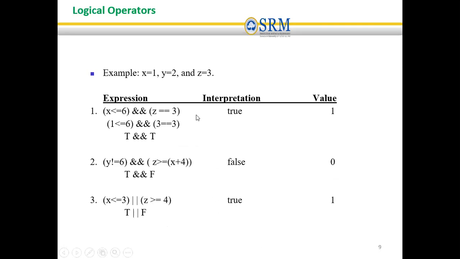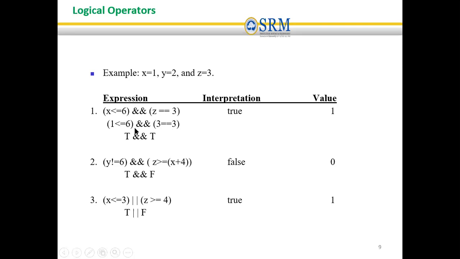If we go to the example with three values, x is equal to 1, y equal to 2, and z equal to 3. The first expression: x less than or equal to 6 and z equal to 3.